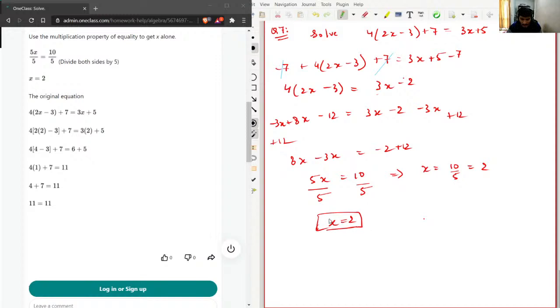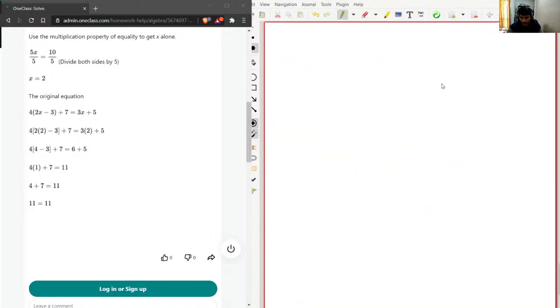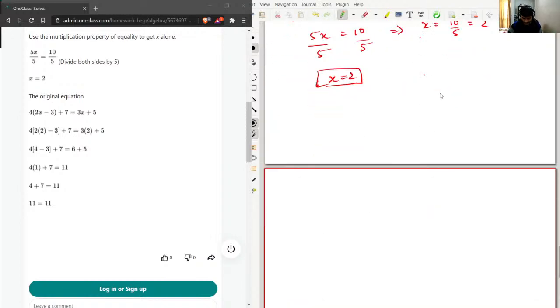So how we do that is, we'll put the value of x equal to 2 back into our question.